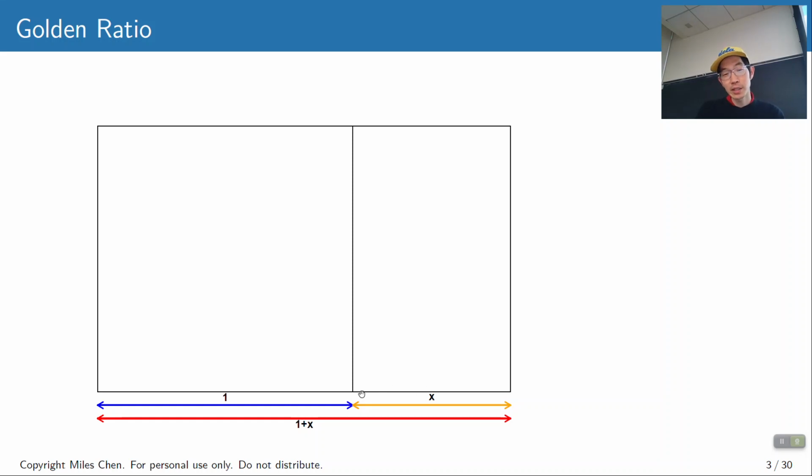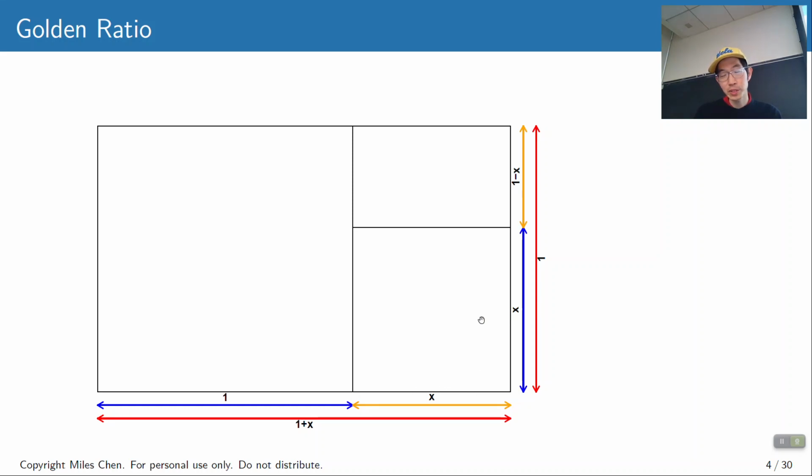That is, the short side of this remaining rectangle to the long side. That means the ratio of x to 1 is the same as the ratio of 1 to 1 plus x. So that's kind of the idea.